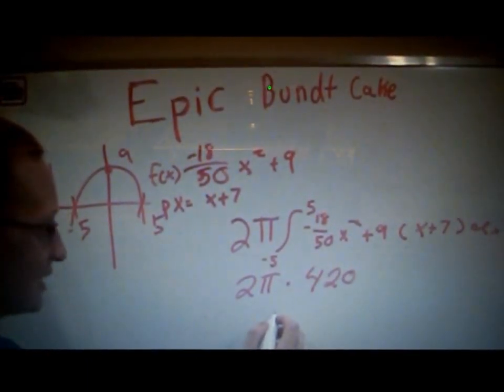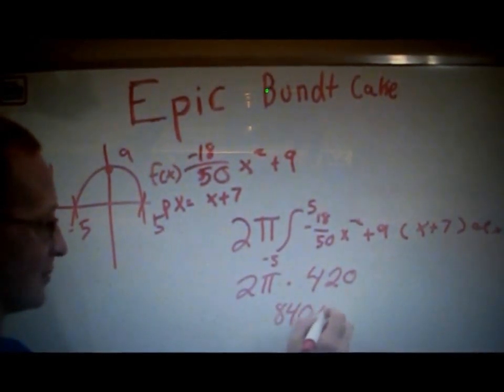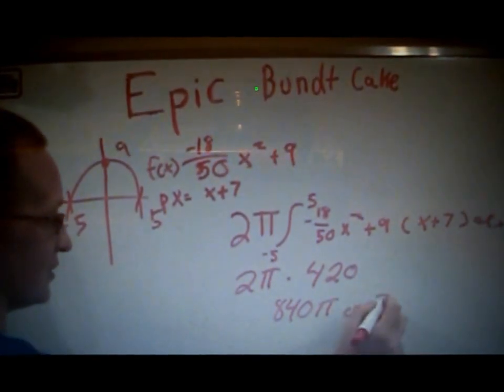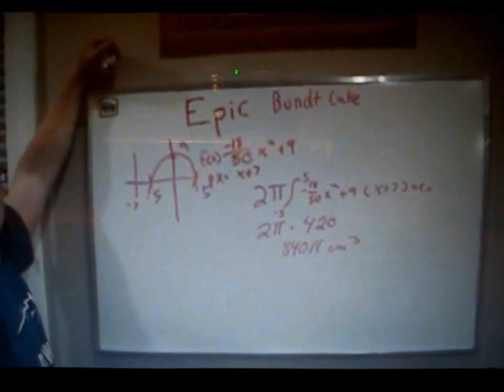And in the end, you get 840 pi centimeters cubed for your bundt cake. And now you can pass the test of BC Calc.